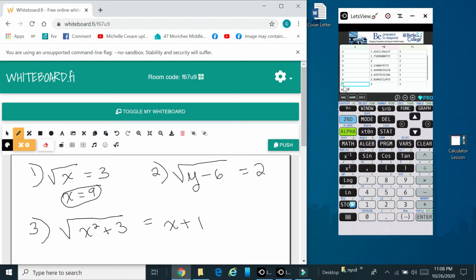All right, let's go to number 2. Do the same thing. You hit y equals, and we cleared the last equation. For number 2, you're going to hit square root of y minus 6. So you hit second function and x squared.